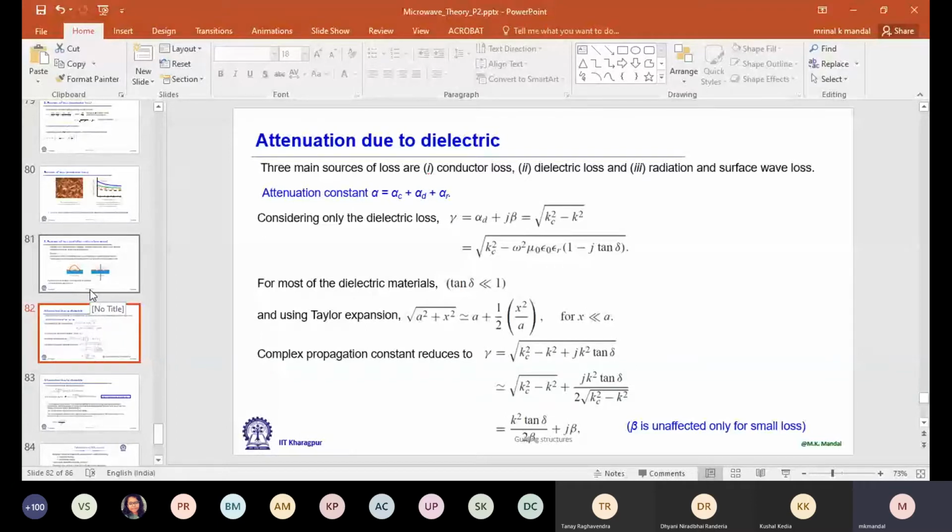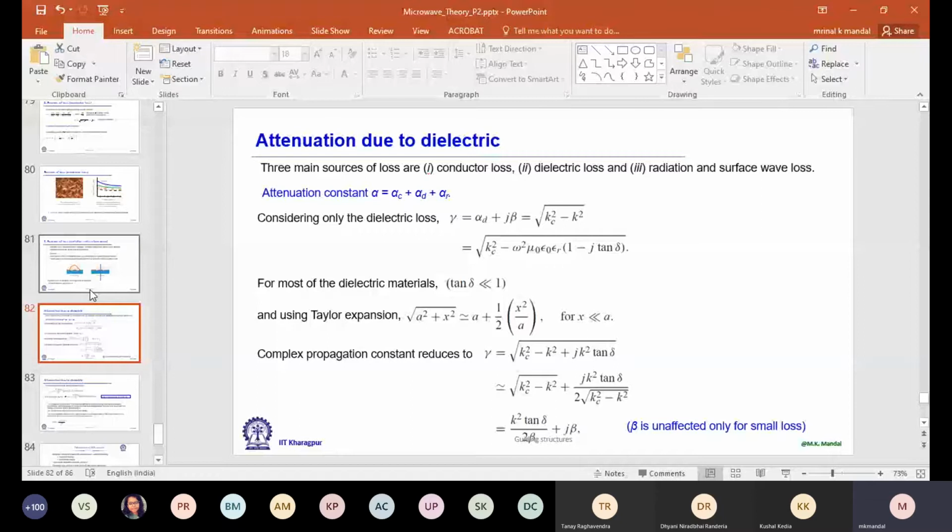One component is coming due to conductor loss, represented by alpha C. Second component due to dielectric loss, alpha D. And the third one is due to radiation and surface wave loss, usually represented by alpha R.